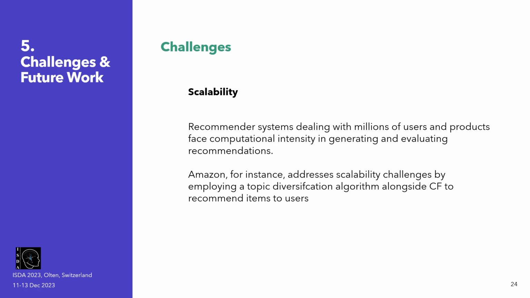Then scalability. A recommender system dealing with millions of users and products faces computational intensity in generating and evaluating recommendations. For example, Amazon addresses scalability by employing a topic diversification algorithm alongside collaborative filtering to recommend items to their users.